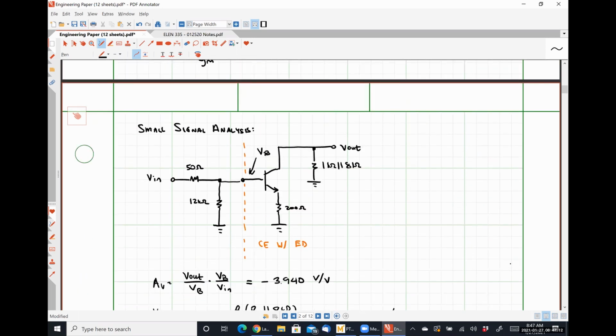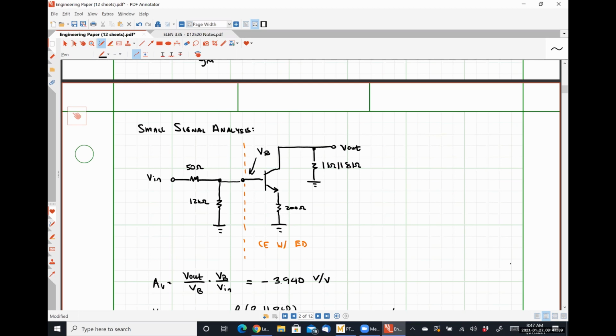Well, so I looked at it. When we went to get V out over VB, I'm splitting this up into two stages, right? The right-hand stage has a voltage gain of V out over VB, and the left-hand stage has a voltage gain of VB over Vn.